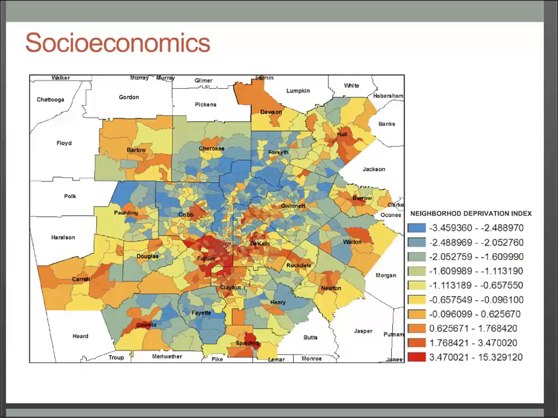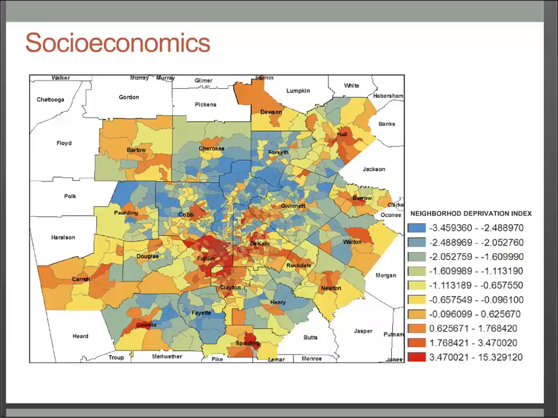And I calculated this neighborhood deprivation index using principal components analysis with readily available data from the census, and American Community Survey data. So again, readily available, not hard to do. You might need help depending on the methods you use.